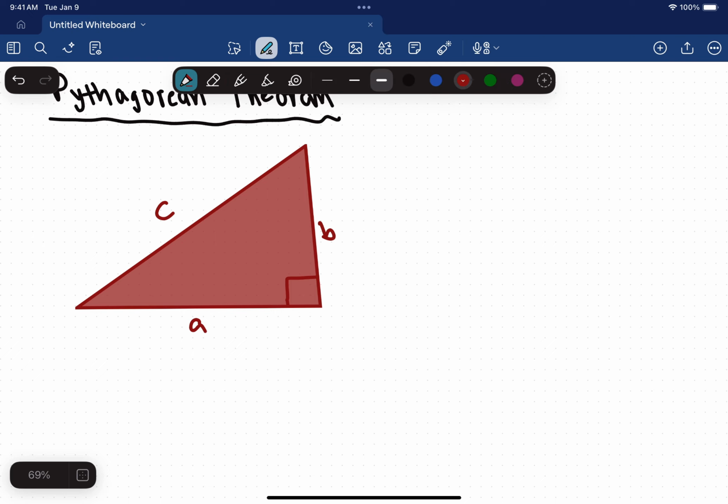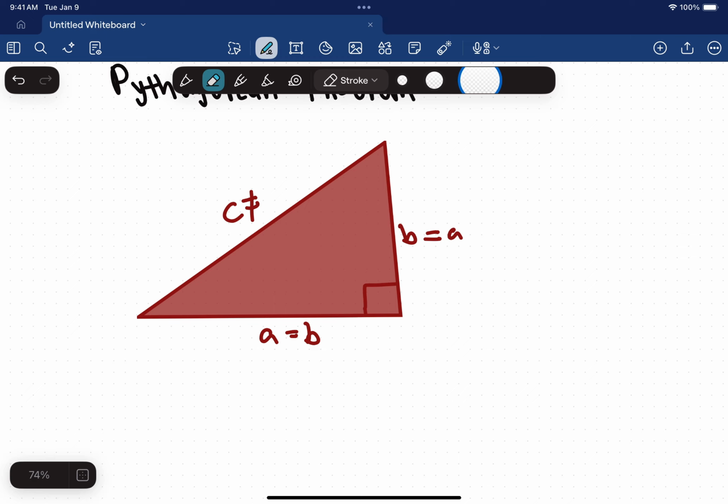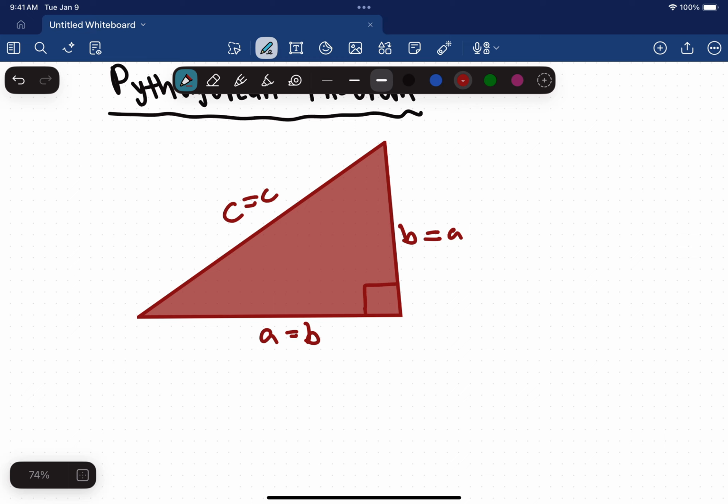Almost the same for a triangle, where A could also be B, and B could also be A, but C cannot equal A or B. C will always equal C. Now, hopefully that made sense.